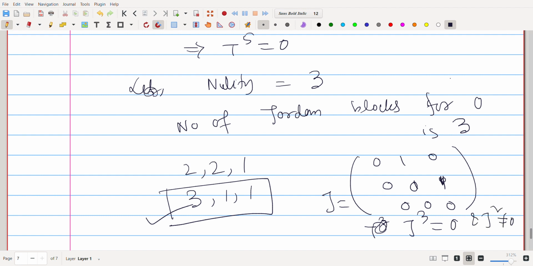Hence the second one is false, because T square may not be 0 in this case. But the third one is correct, because if T square is 0, that means T cube is also 0, so the 3 by 3 Jordan blocks get killed. So the third one is correct. Hence 1, 3, 4 are the correct options.